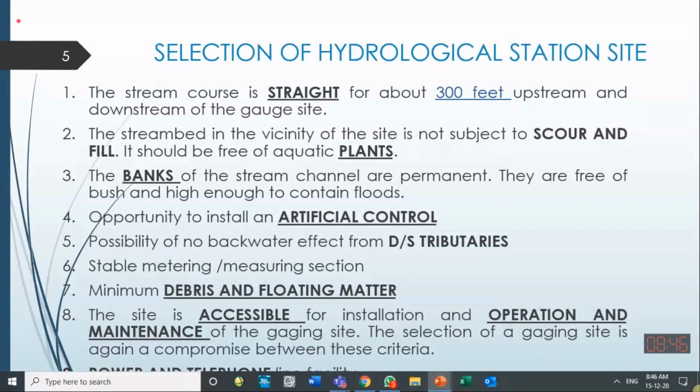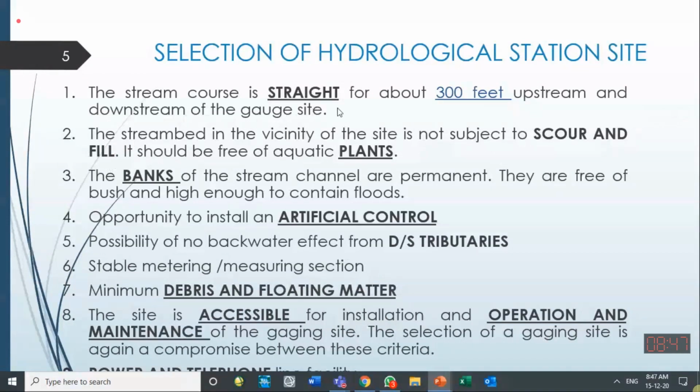So these changes are not known to the people. We should avoid any cross section, any stream gauging station where excessive scour is there. Scour is removal of the sediment from the bed of the channel, erosion, and there should not be deposition or fill of the sediment.